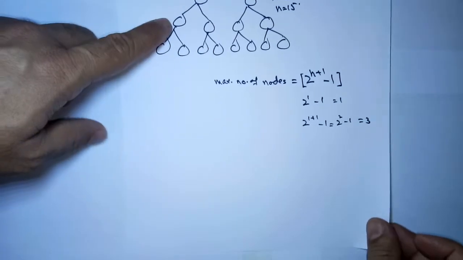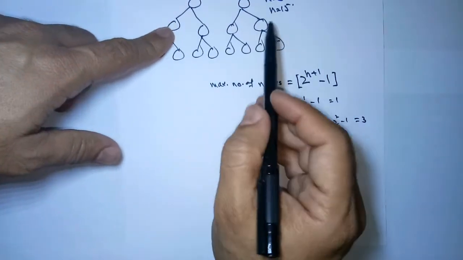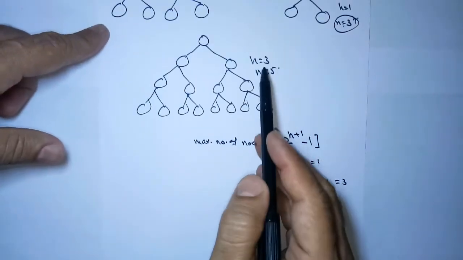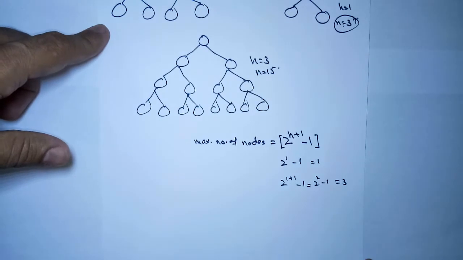Let me just do this one. If I have the height of the tree as 3, what are the maximum number of nodes?